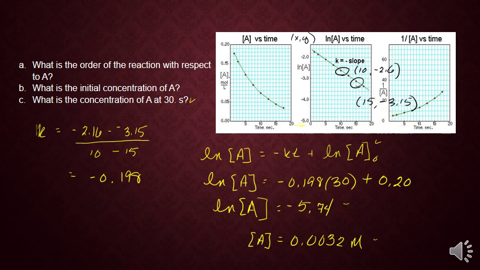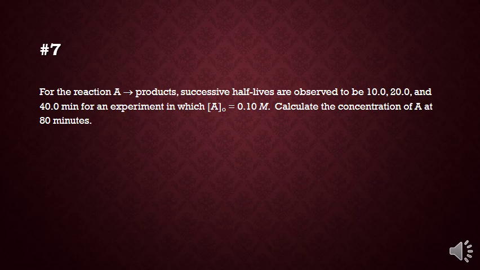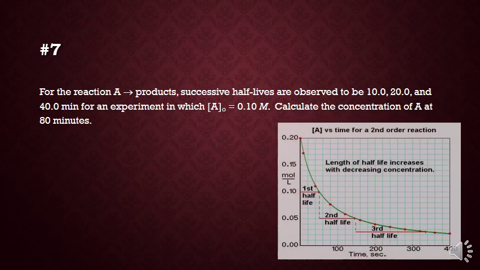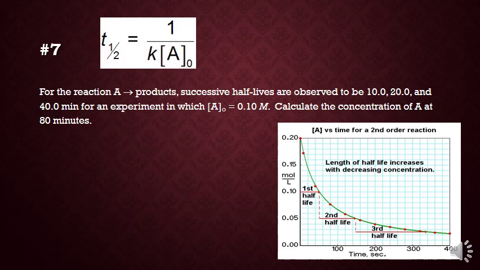We are done with that. The key to solving this problem is to notice that each successive half-life, in this case, doubles. So, like this graph, when each half-life doubles, you are dealing with a second-order reaction. So the first thing we're going to need to do is use this equation up here to solve for k.